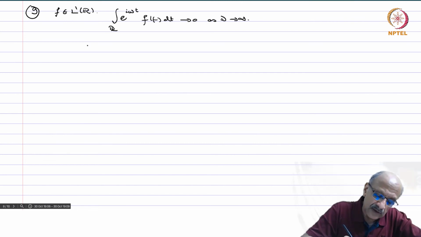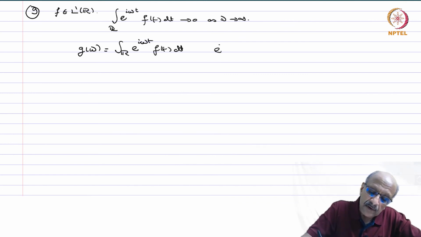Okay, so now let us define g(ω) equals the integral over R of e^{iωt} f(t) dt. Now you have e^{iπ}, or minus iπ, sorry, is minus 1.